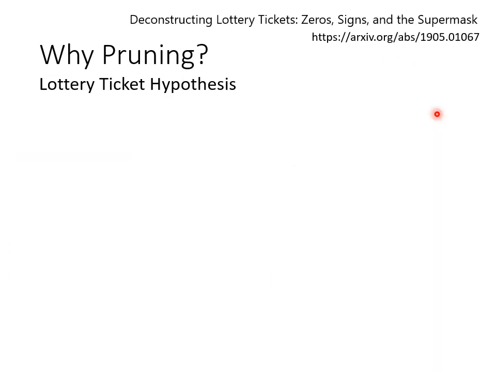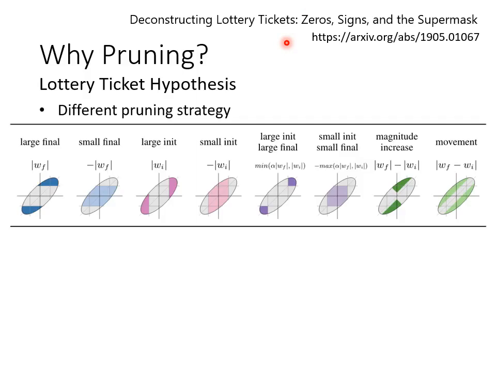The hypothesis is very well known. It received the Best Paper Award at ICLR 2019. So it is a very well-known hypothesis. There are also many follow-up studies. For example, there is an interesting paper called Deconstructing Lottery Tickets. Let's directly talk about some interesting conclusions.